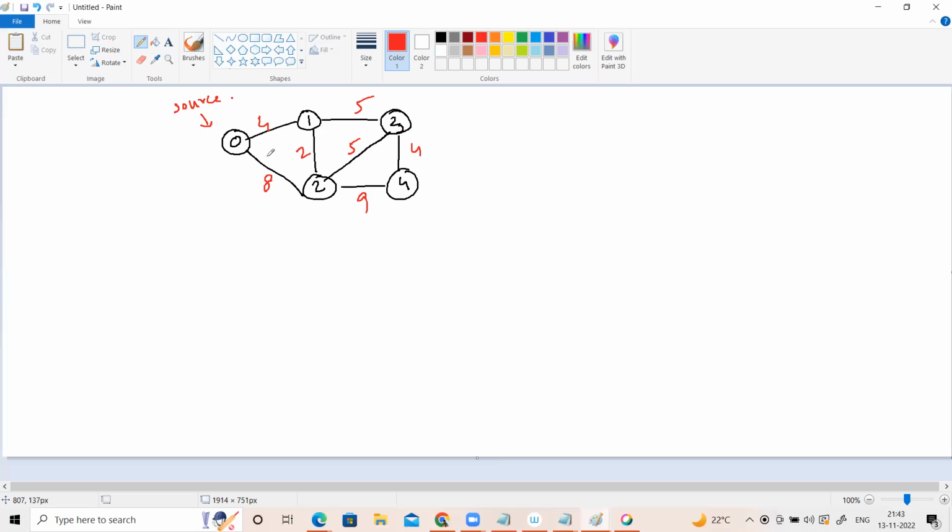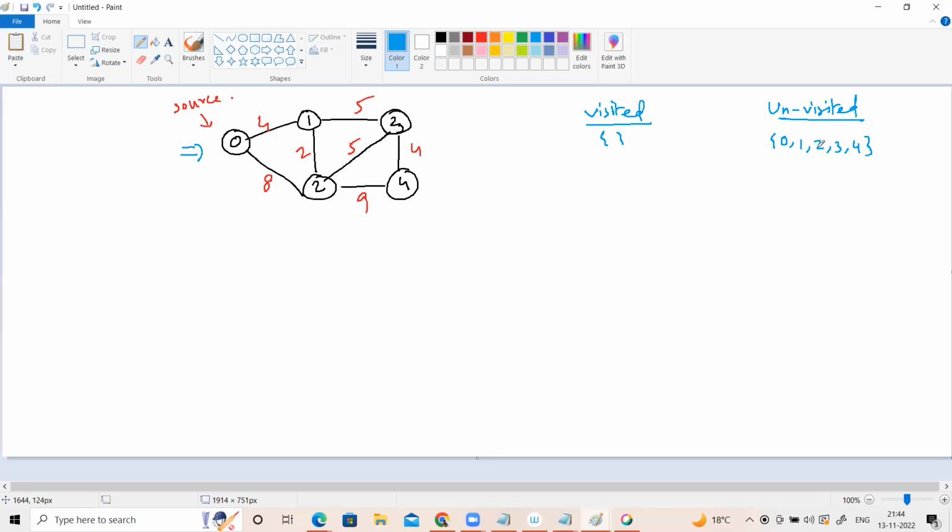If we start from here, we have two lists, one visited and another unvisited. At the very beginning no node has been visited, so the visited list is empty and all the nodes are unvisited.